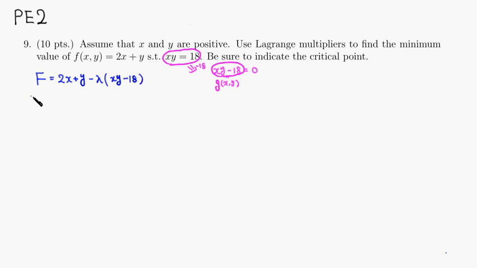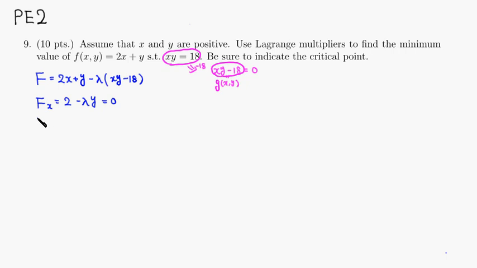Let's take the partial of capital F with respect to x. That will give us 2, and the partial of y is 0, and negative lambda is just a constant. The partial of xy with respect to x is just y, and the partial of negative 18 is 0. We set this equal to 0.